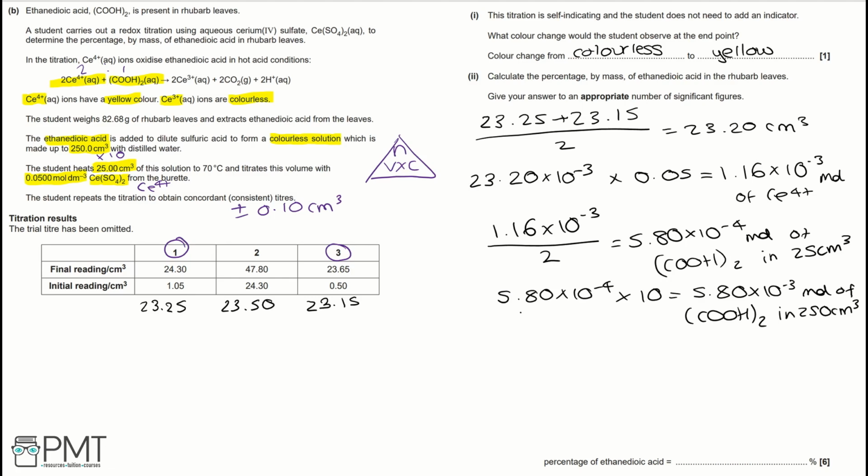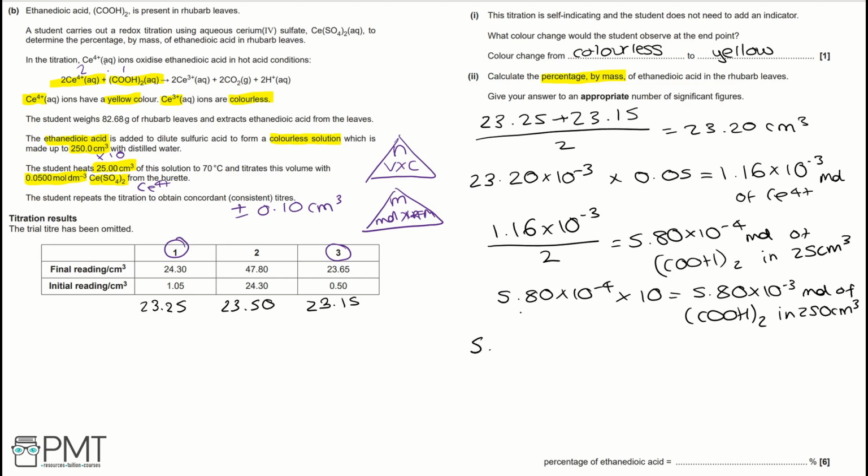We're asked to work out the percentage by mass, and we're going to do this using an equation triangle of mass, moles and relative formula mass. So we have moles and we want to work out mass. We need the relative formula mass of ethanedioic acid, and we're going to multiply our number of moles by this number.